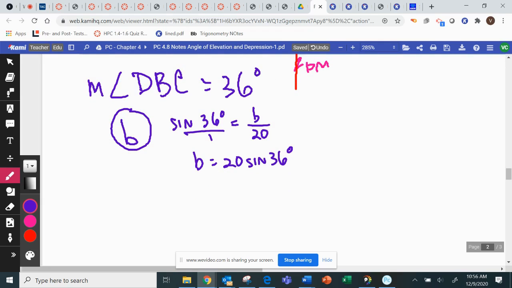Now, if I type that in my calculator, am I going to get a nice, easy answer? I mean, you can type it in. 20 sine 36. That is ugly. No offense, but it's ugly. All right. So I'm actually just going to leave it as 20 sine 36 for now. If it's bothering you, you can use your calculator, but it's going to be less work for me to leave it like that.